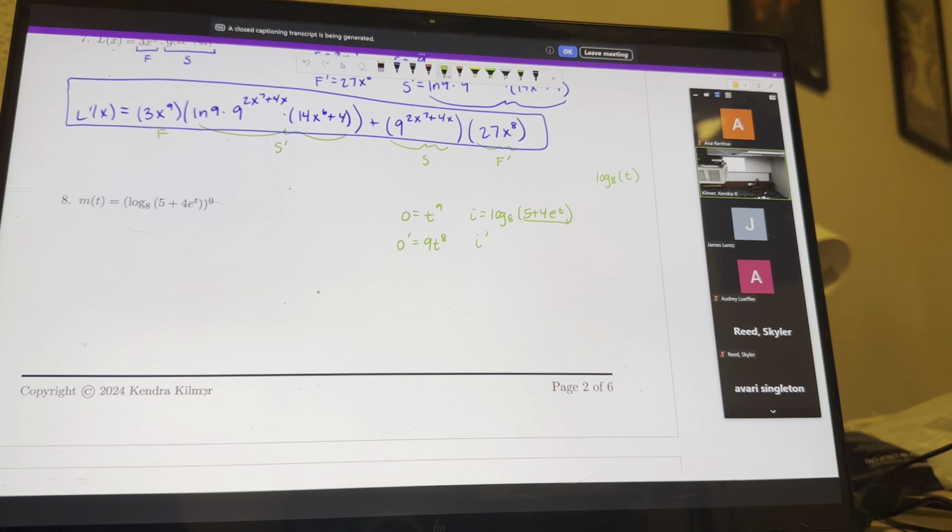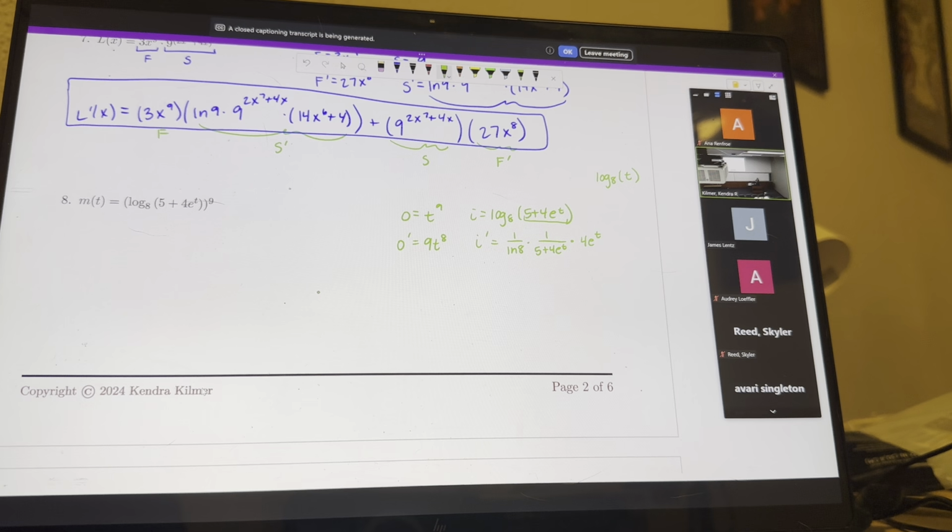Okay, so if we find I prime, this is going to be 1 over the natural log of 8 times 1 over the function, 1 over 5 plus 4e to the t, times the derivative of the function, the derivative of what I have underlined here. The derivative of the constant 5 by itself is 0, plus the derivative of 4e to the t is just 4e to the t. So really, if I wanted to, I could write that in parentheses and write 0 plus 4e to the t, but it would simplify down to just 4e to the t.